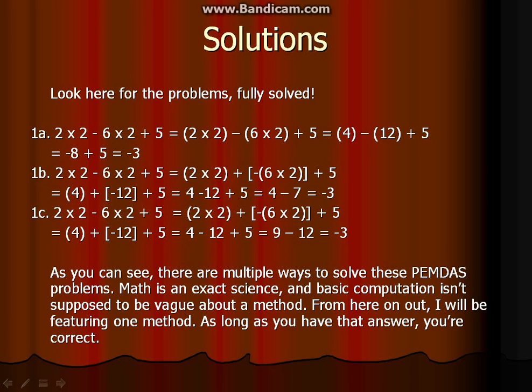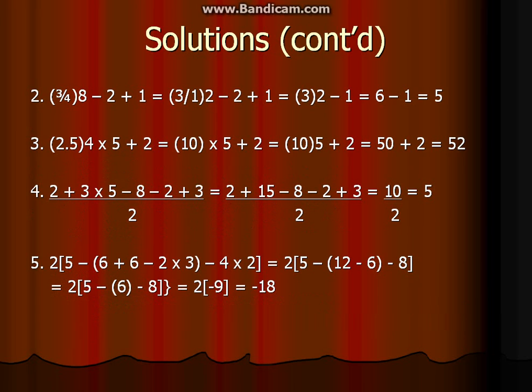But here there are multiple methods, and they're all following PEMDAS, and it's pointless to have PEMDAS, to be honest. If you're gonna have 3 ways to solve a problem, that's not computation, really. So I'm only gonna be featuring one method. If you have the same answer, you're correct.